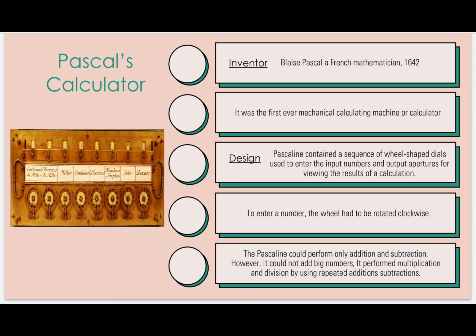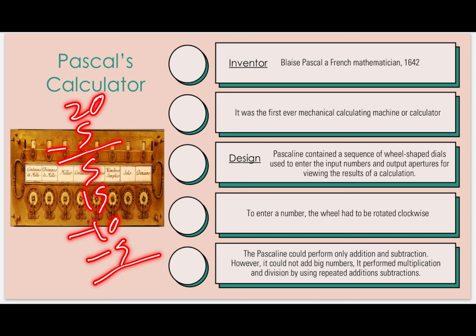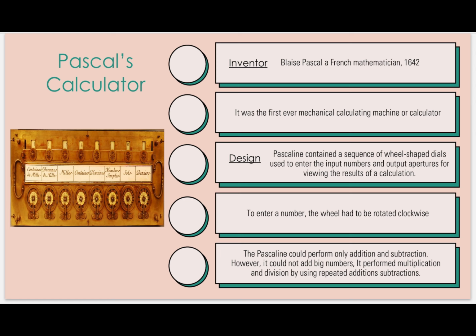For example, 25 divided by 5: I will subtract 5 again and again, 20, 15, 10, 5, like this until 0. It was hectic for division also. We need to perform repetitive addition and subtraction.